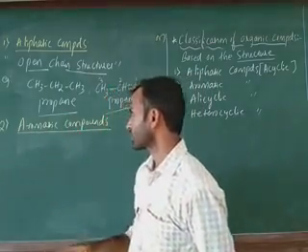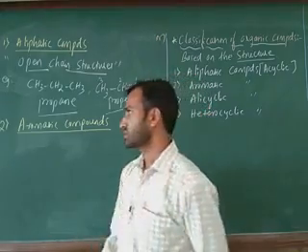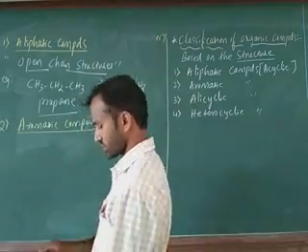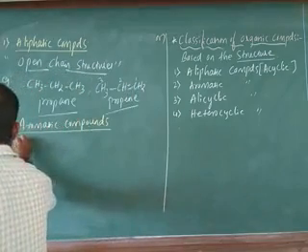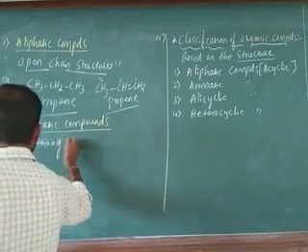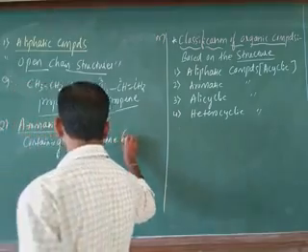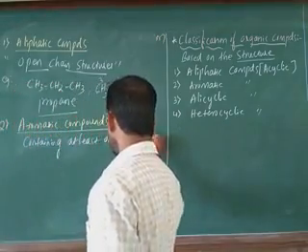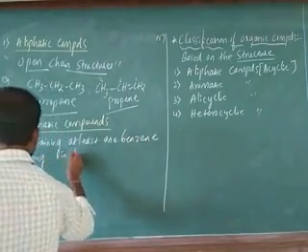Aromatic compounds are the compounds containing at least one benzene ring in them. That is called aromatic compounds. I am going to write: aromatic compounds are the compounds containing at least one benzene ring in them.